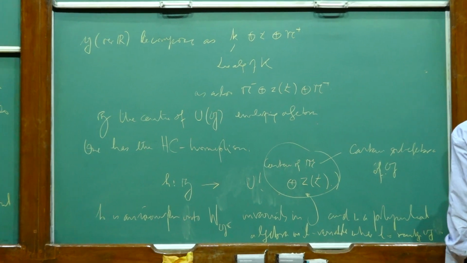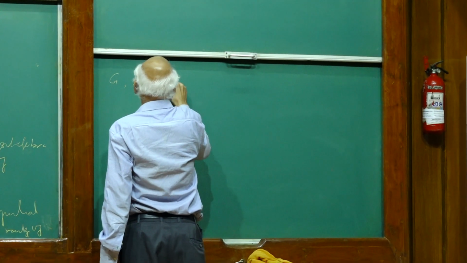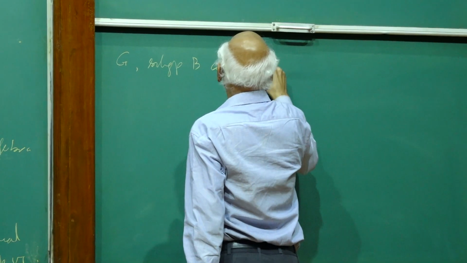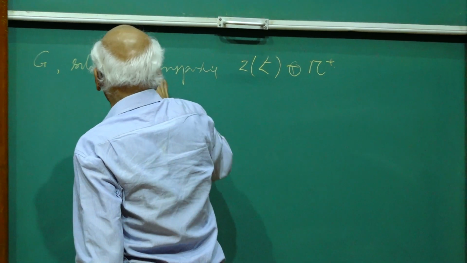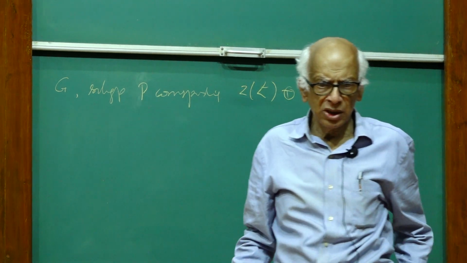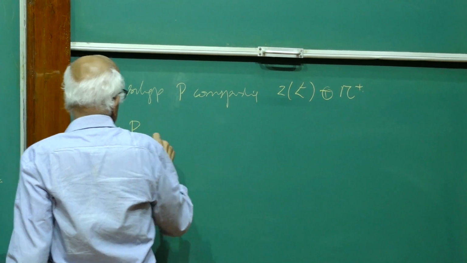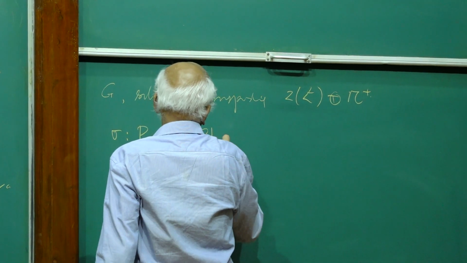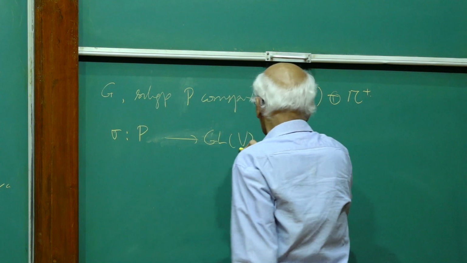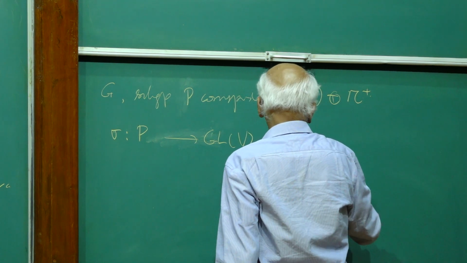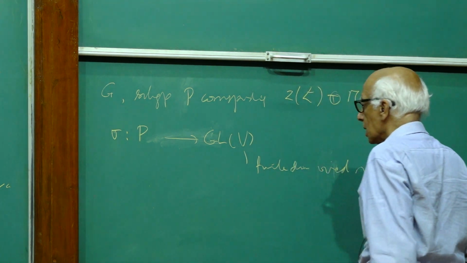Start with G and look at the subgroup corresponding to Z T plus N plus, or let me call it P. That's a minimal parabolic subgroup of G, and one looks at, if sigma is a representation of P, a finite dimensional, let's say irreducible, representation of P.